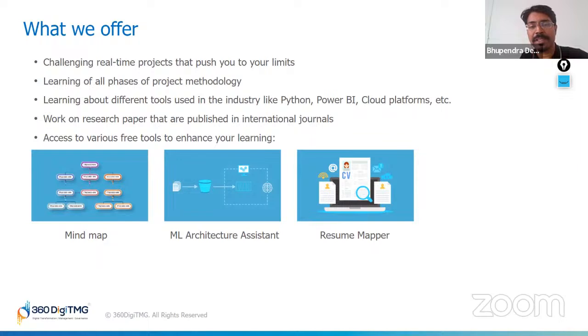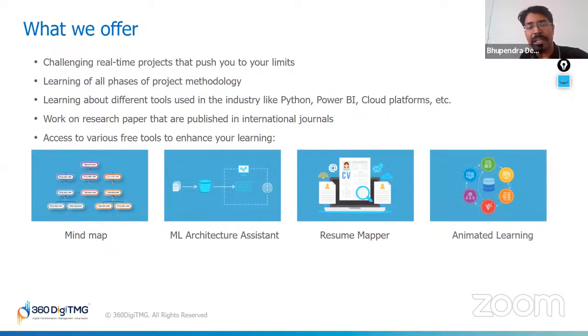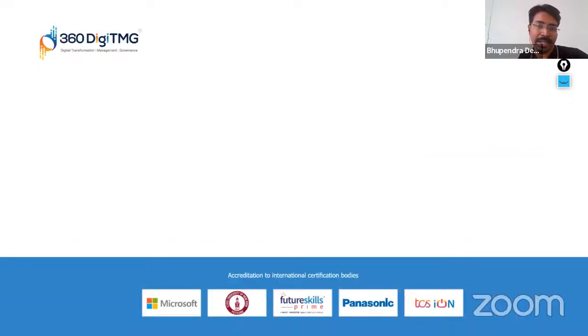Every Thursday, we have a resume preparation session, where we tell you how to use the resume mapper and how to improve your resume so it stands out from the crowd. We have animated learning to make sure that you learn in a really enjoyable way.